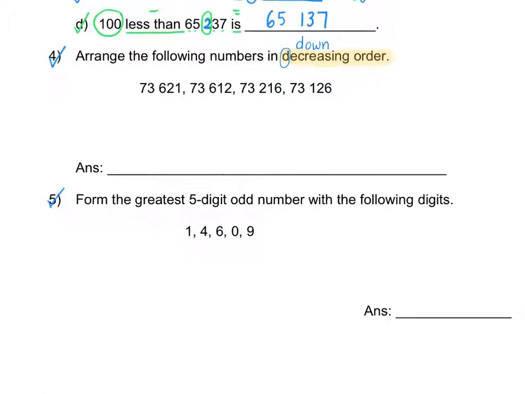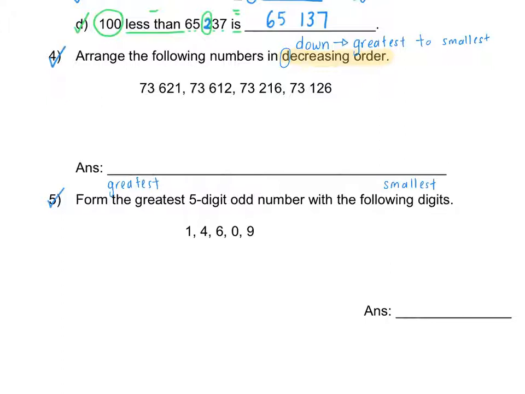In other words, you can also represent it as arranging numbers from the greatest to the smallest. So they are actually asking you to arrange the numbers from the greatest number all the way to the smallest number.